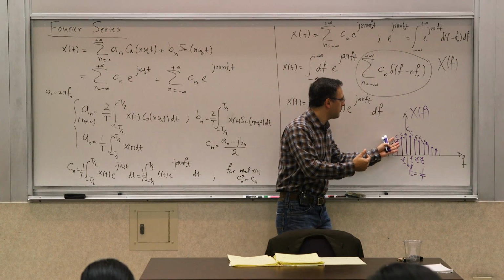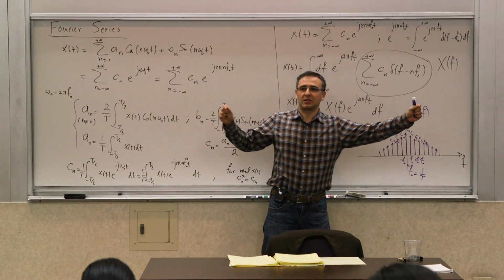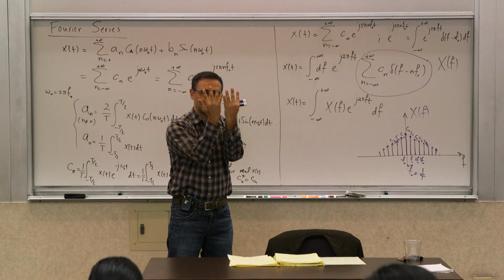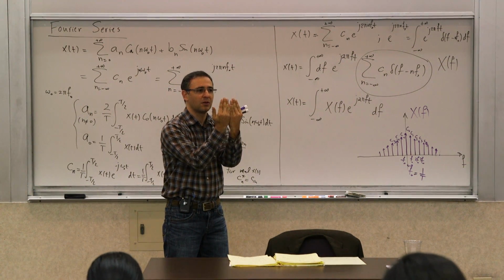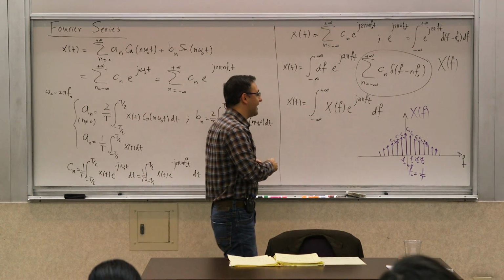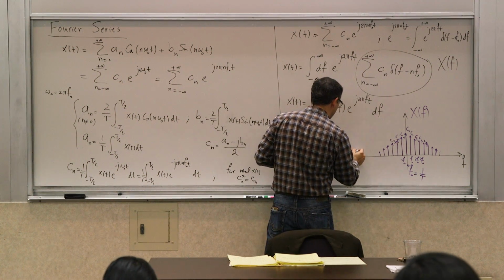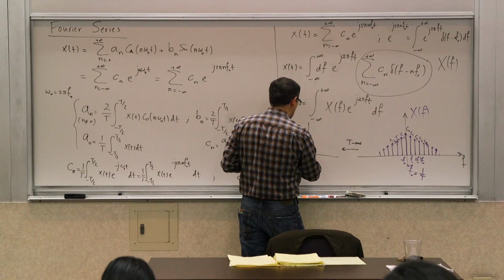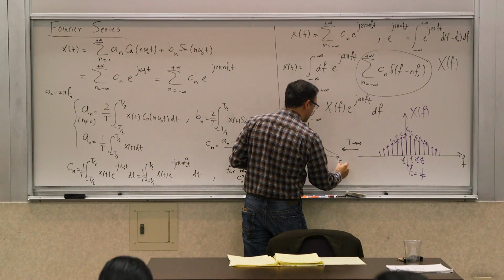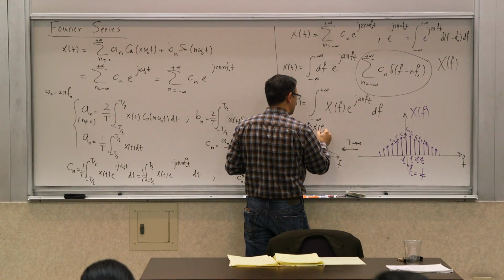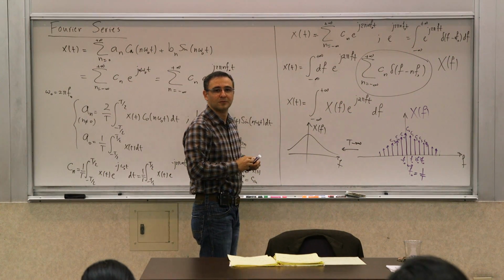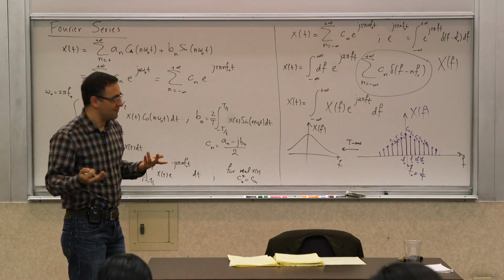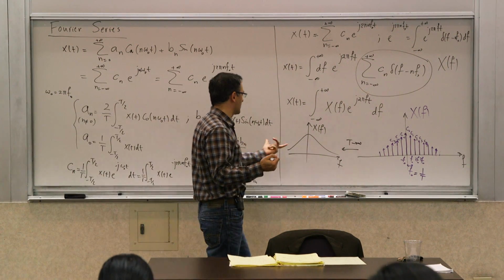So what happens to this plot as you have something with longer and longer period? These impulses start getting closer and closer to each other, right? So in the limit of T going to infinity, it is going to turn into a continuous function, which is what we call the Fourier transform, or the spectrum of the signal.